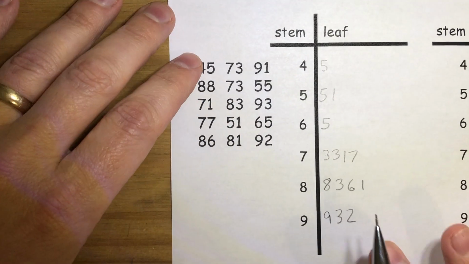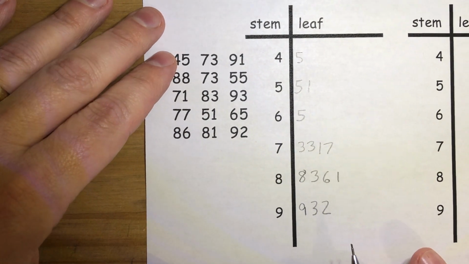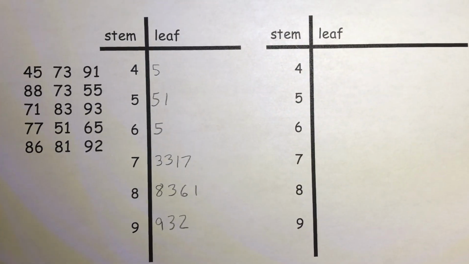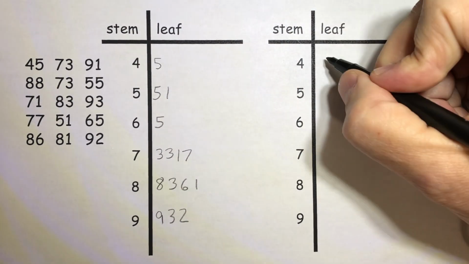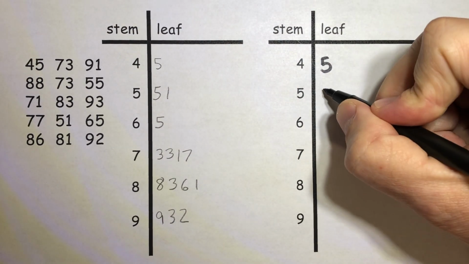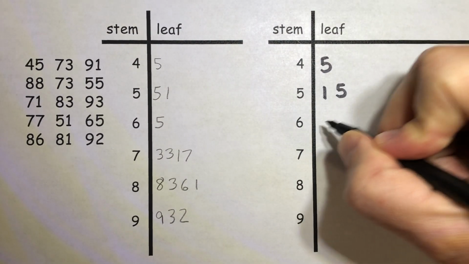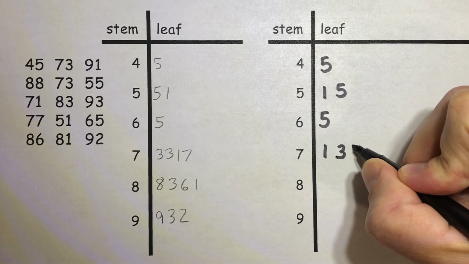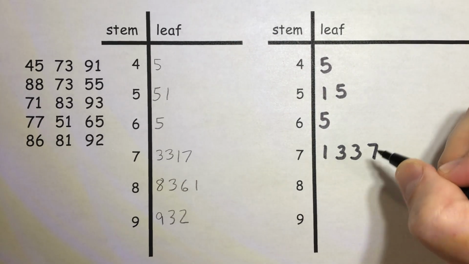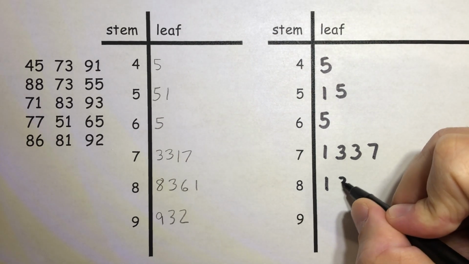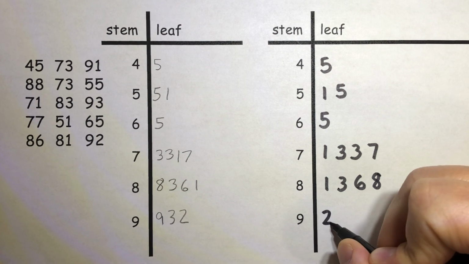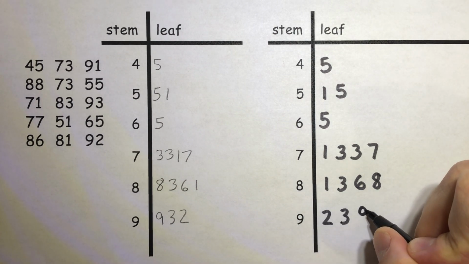You'll notice I wasn't too concerned about neatness when I did that first one because it's really just my rough draft of my stem and leaf plot. Now I'm going to move over here and this will be my final draft, and I'll make this one a little bit neater. 45, 51, 55, 65, 71, 73, 73, 77, 81, 83, 86, 88, 92, 93, 99.